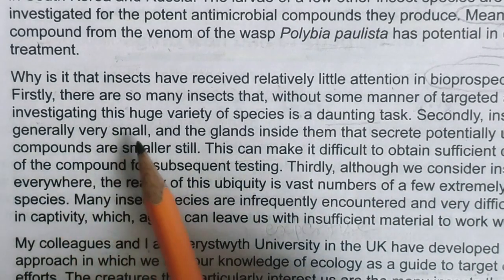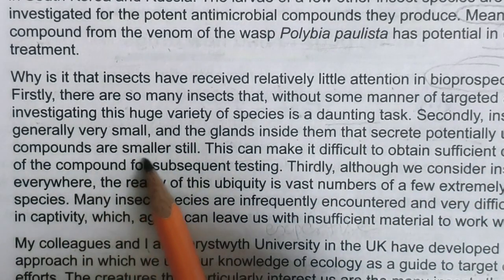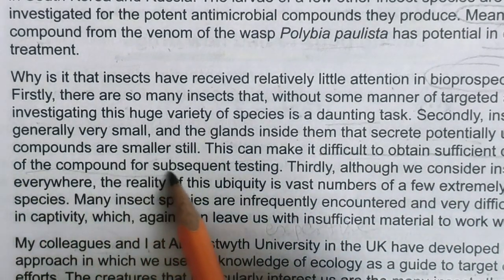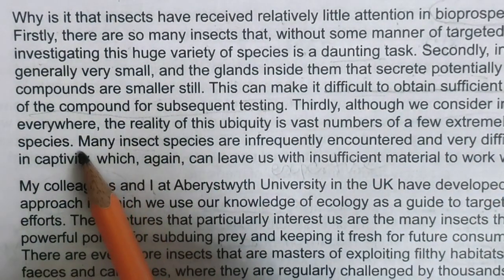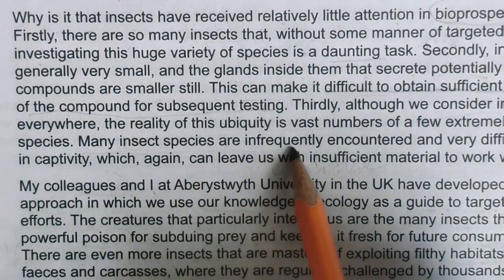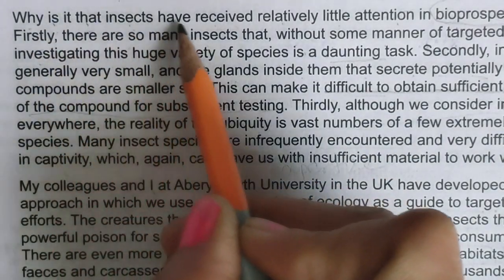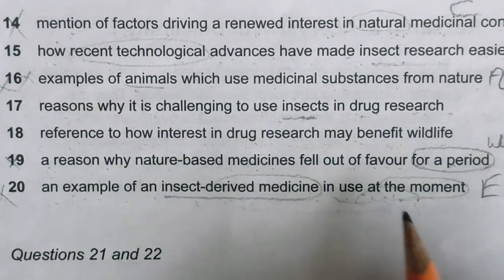Secondly, insects are generally very small and the glands inside that secrete potential compounds are tiny. This can make it difficult to obtain sufficient quantities of the compound for testing. Thirdly, although we consider them common, many insect species are difficult to rear.